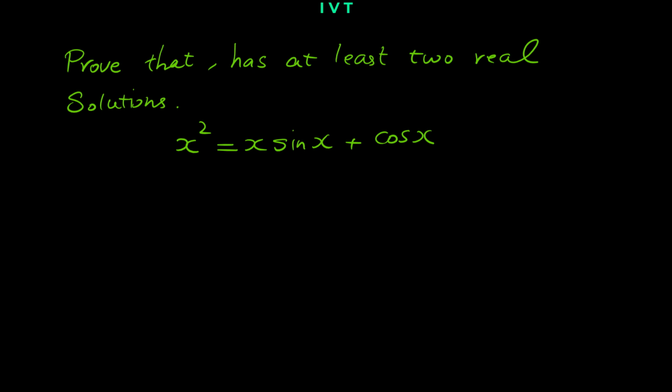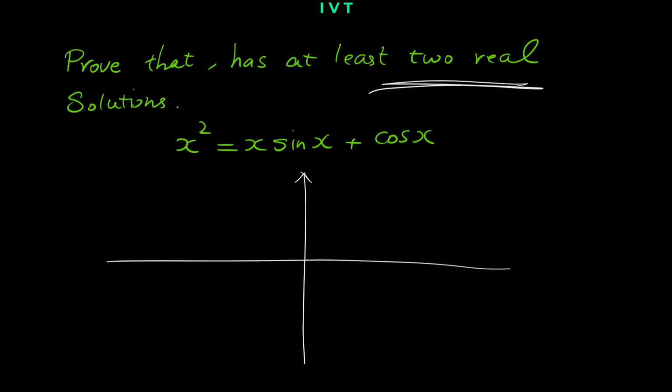For a moment, forget this question and focus here. We want to use the intermediate value theorem to prove that the equation has two real solutions. How can we do that? With the IVT, normally we choose one number like a that makes the function negative, another number like b that makes the function positive, and so the equation has at least one real solution.